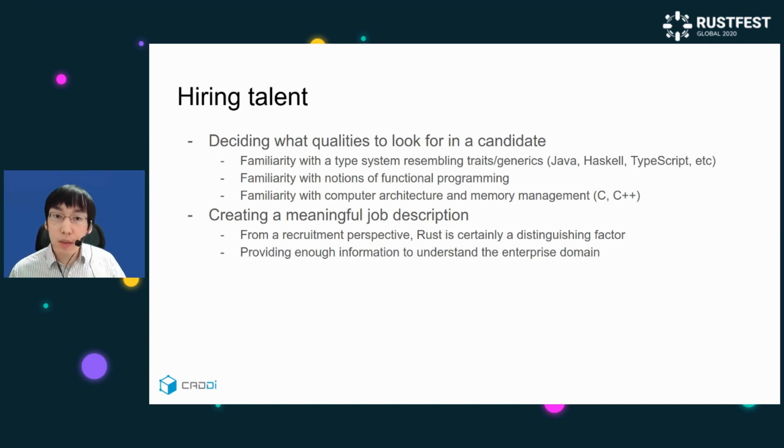And so for us, what has worked for the last year or two is the familiarity with a type system with traits and generics, or something that's resembling traits or generics, such as Java or Haskell or TypeScript, as well as various notions of functional programming. And finally, familiarity with computer architecture and memory management, and low-level aspects of how programs run.